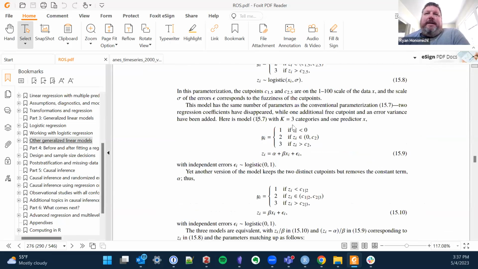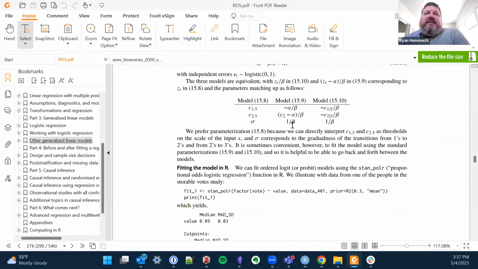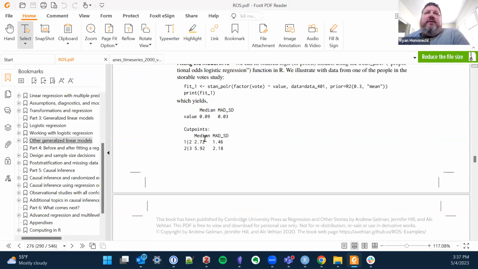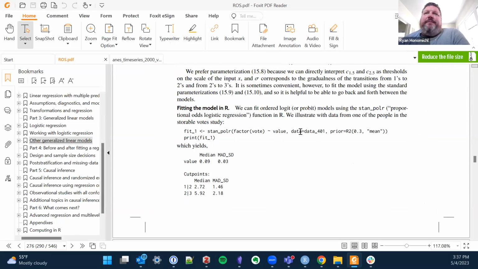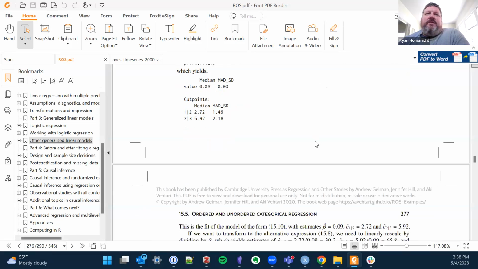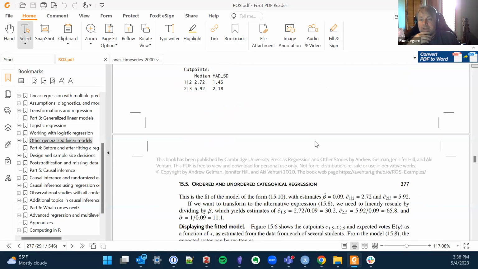It's not really clear to me how, for example here, and I don't think this is the same data set, but we have a cutoff. Once again, I'm still trying to figure out how we interpret this 2.72. You know what I mean? It's not an odds ratio.